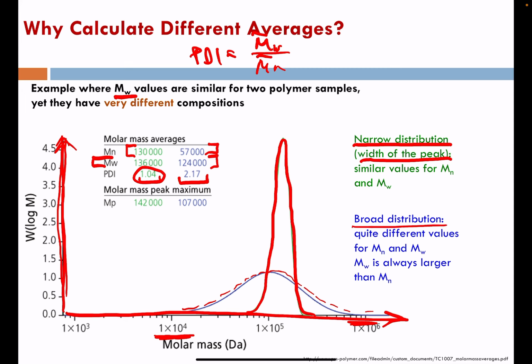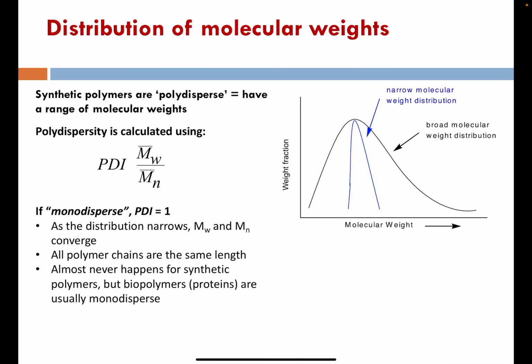That's a broad distribution, very different Mn and Mw values, and that PDI value was much larger as a consequence of the large difference between Mw and Mn.